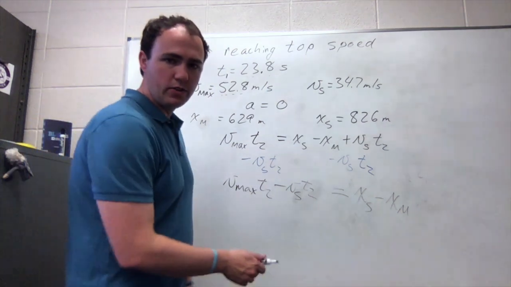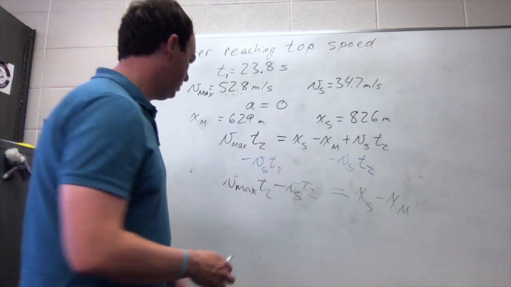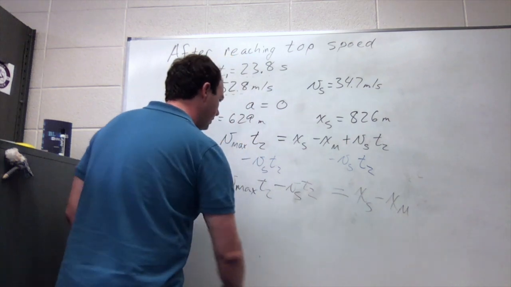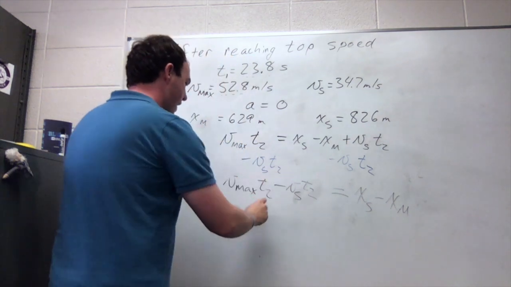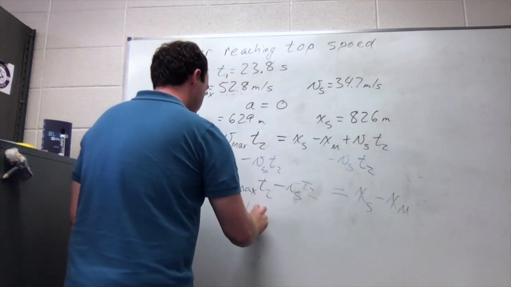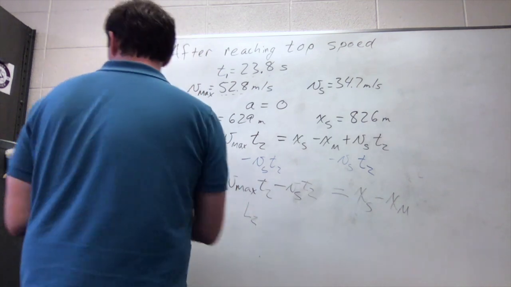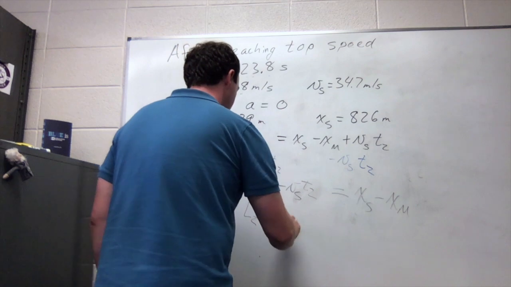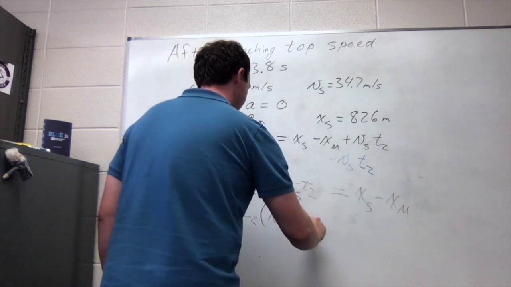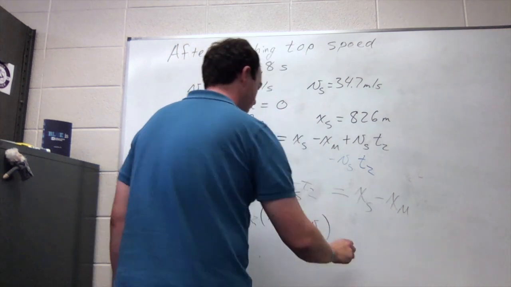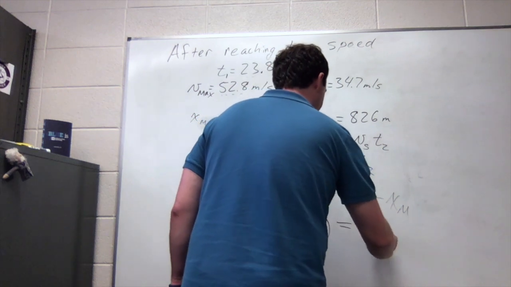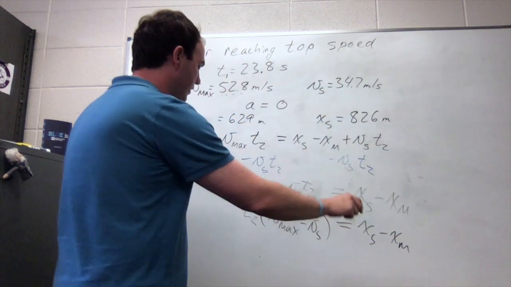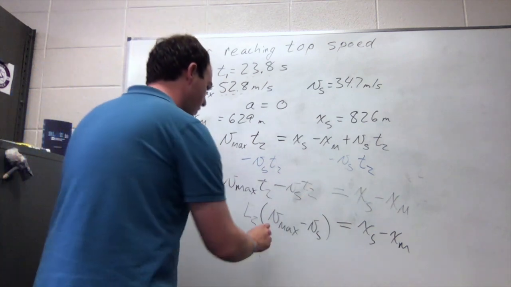Now I can factor out T2 from this equation. So factor out T2 on this side, so that's T2 times V max minus Vs is equal to XS minus XM. And then finally divide both sides by this quantity.